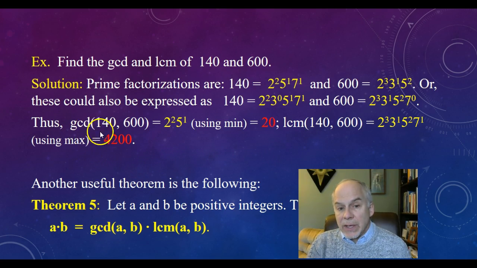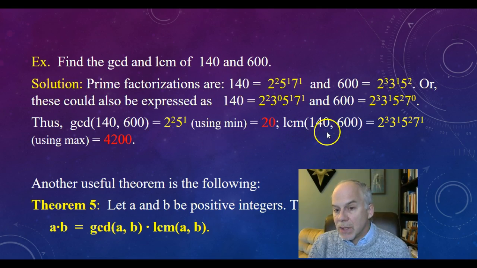So the greatest common factor of 140 and 600 would be 2 to the second, 5 to the first, 3 to the 0, and 7 to the 0. But we don't write them if they're to the 0 power. So we're taking the minimum of the exponents, and for the numbers 3 and 7, the minimum exponent is 0, so we don't need to write them.